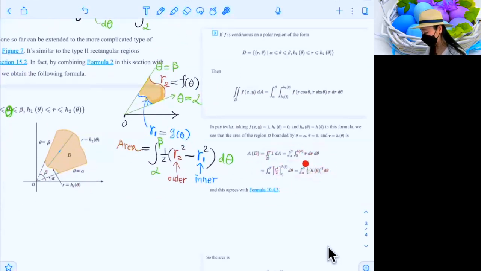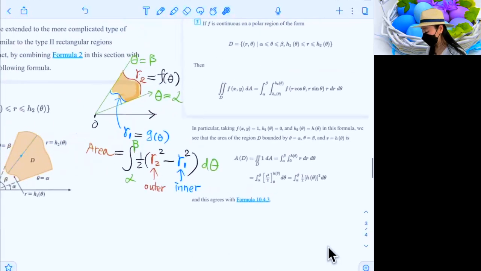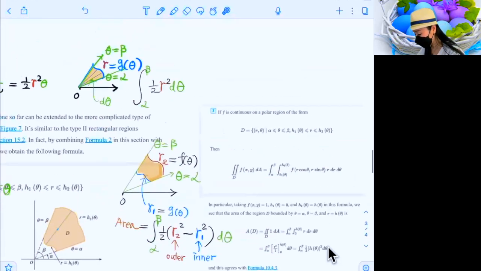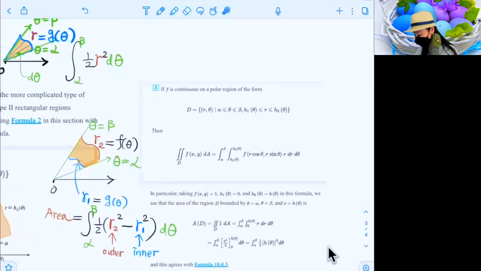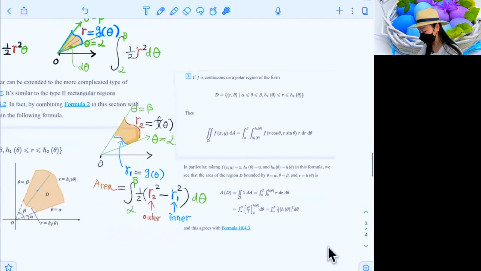We talked about this already, when we talked about the double integral of 1 over a region being equal to the area. Did we talk about this before? Let me double check. So if a continuous polar curve, then this. Okay, good.